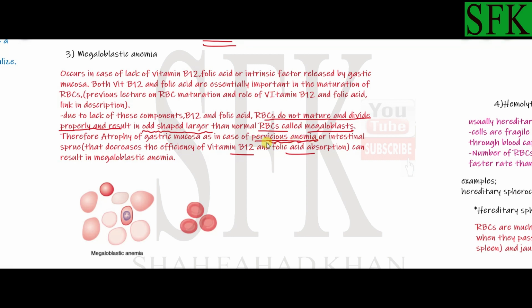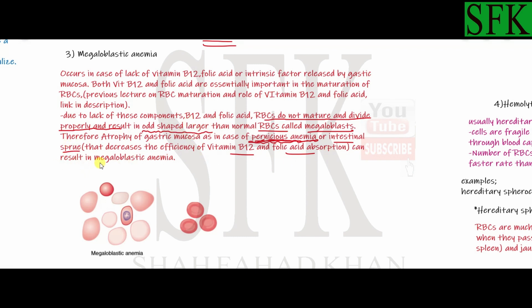Pernicious anemia has also been discussed in that lecture, so do check out the link in the description. Or intestinal sprue, a condition in which the villi of the intestine become flattened rather than finger-like projections, and the intestine becomes inflamed, due to which malabsorption of substances in the diet occurs.